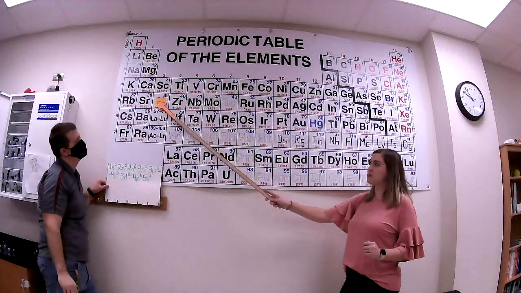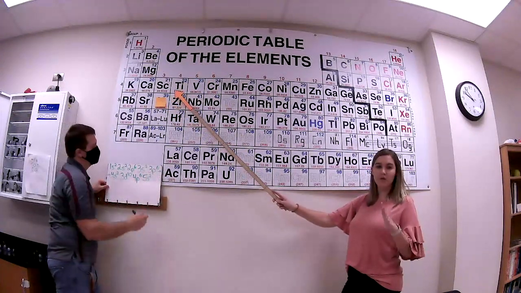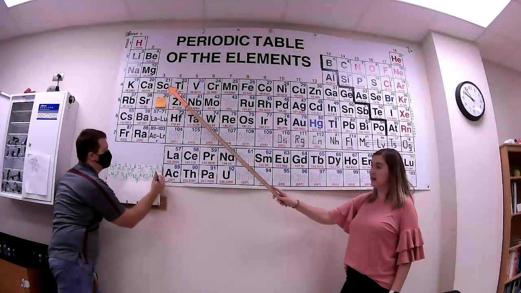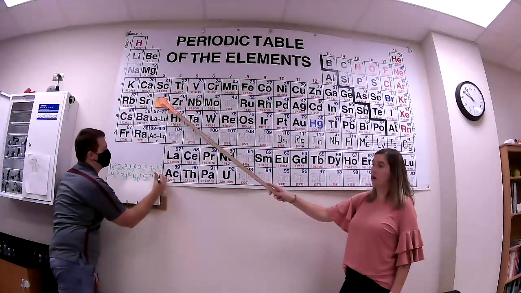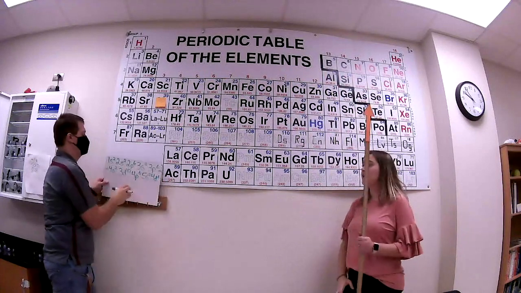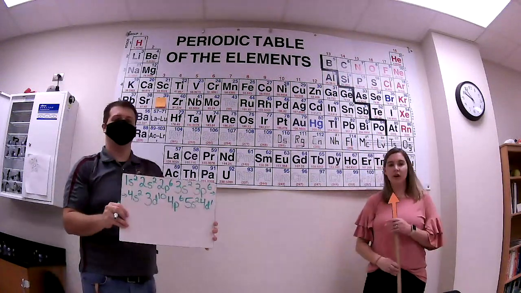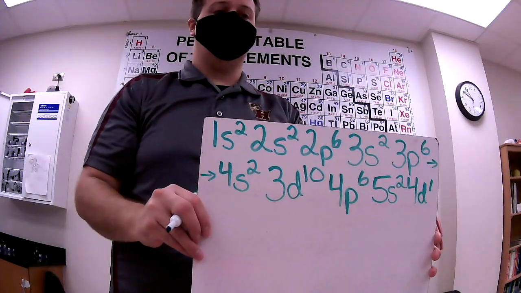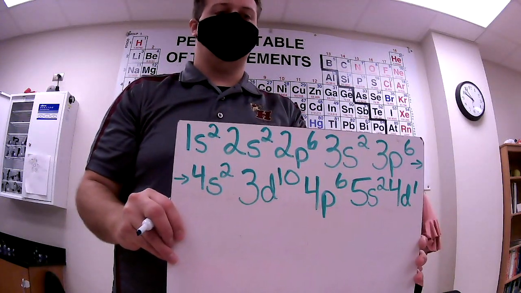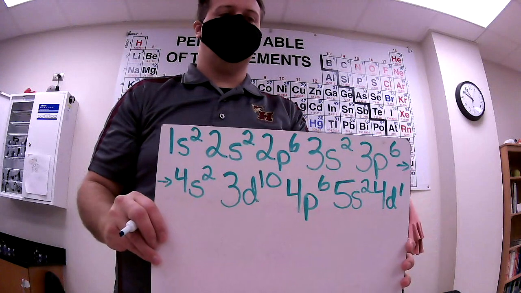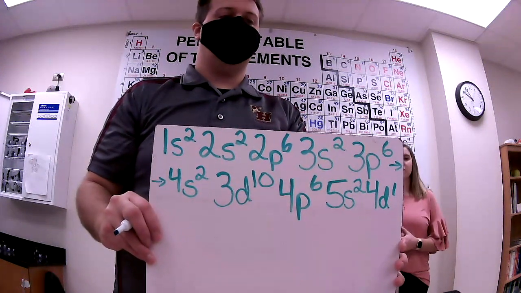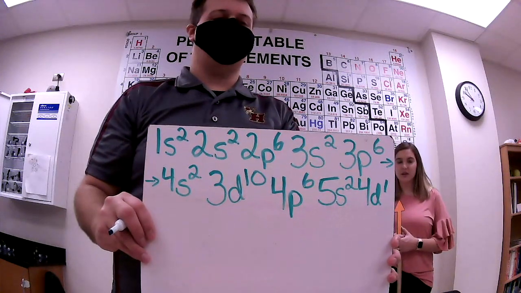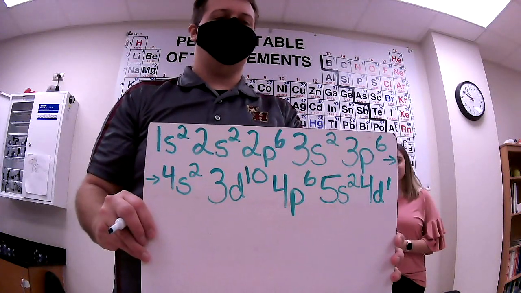And then last but certainly not least, we're in our D orbital. D orbital is always 1 below, so 4D. And we just cross 1 box, so 4D1. So that leaves us with our final electron configuration of 1S2, 2S2, 2P6, 3S2, 3P6, 4S2, 3D10, 4P6, 5S2, 4D1.